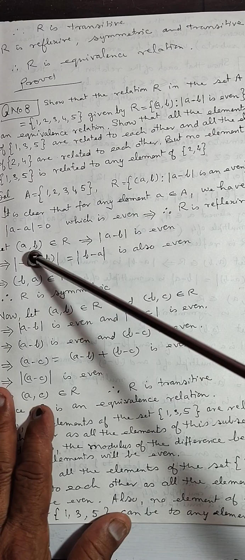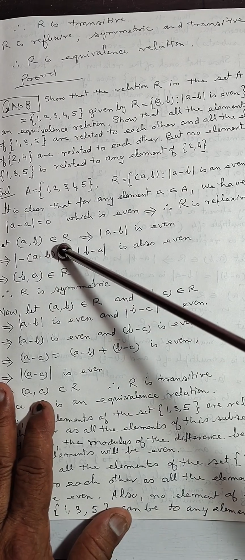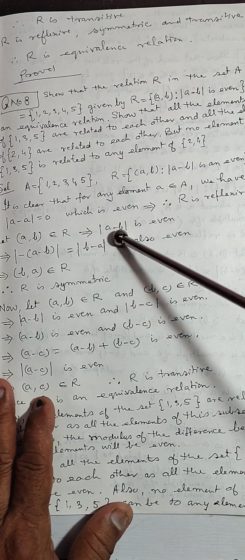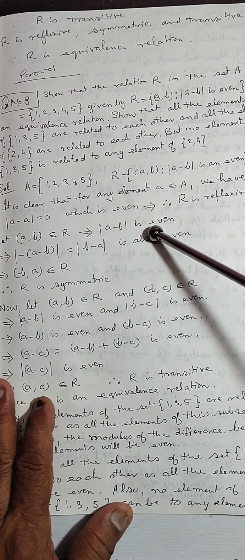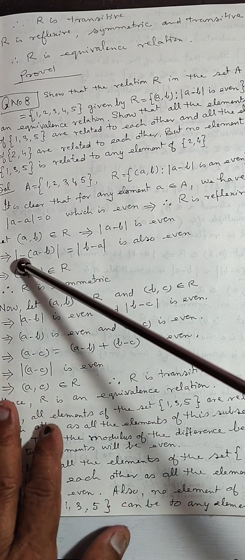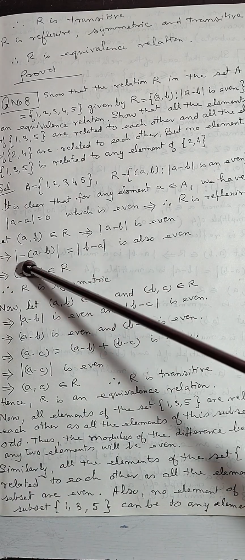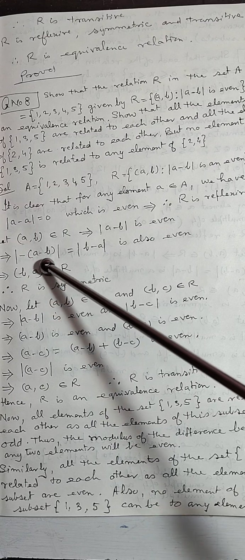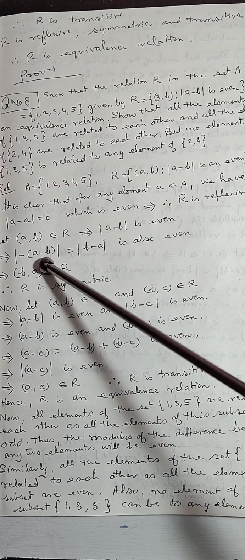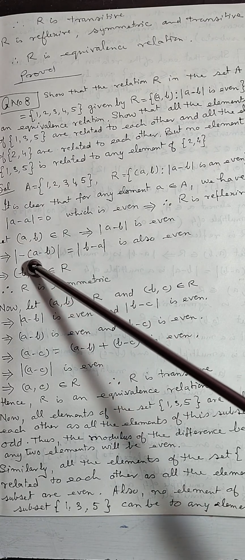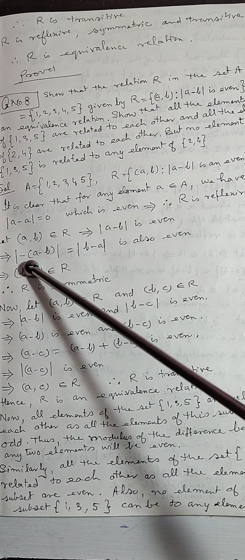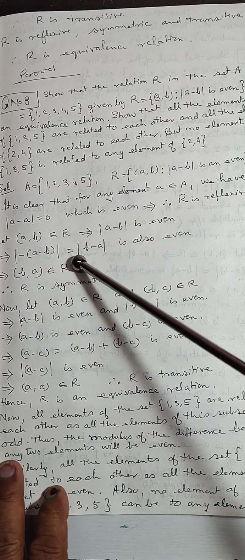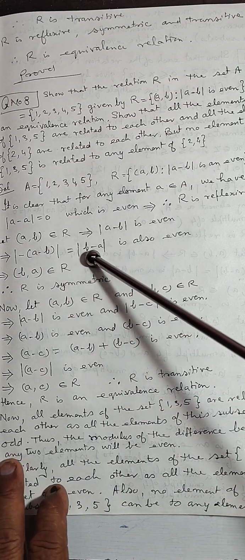Let (a, b) belong to relation. This implies that |a - b| is even. अब देखिए यहाँ पर कैसे हमने मोड को चेंज करना है. देखिए, मोड ऑफ माइनस, ब्रैकेट से बाहर माइनस लगा दिया, और -(a - b). अब देखिए माइनस हो चाहे प्लस हो, रिजल्ट वही आएगा. तो हमने क्या किया, माइनस निकाल दिया, मोड के अंदर ही अंदर सॉल्व कर दिया.